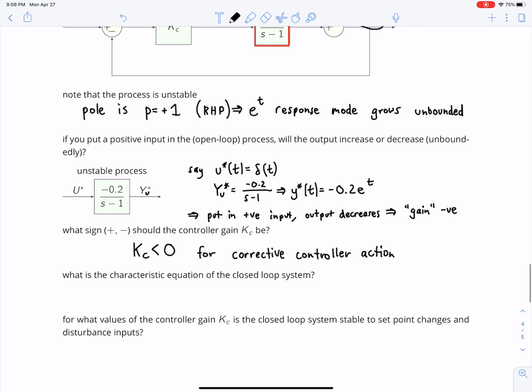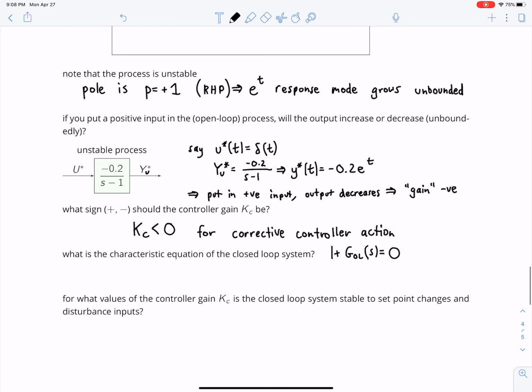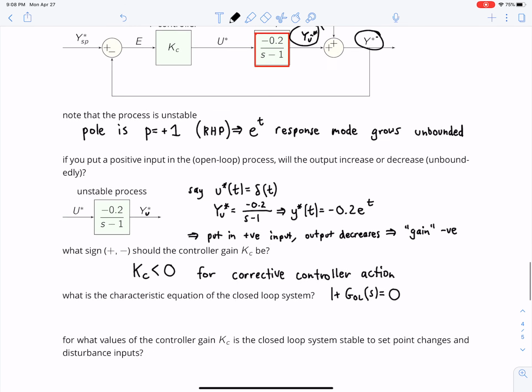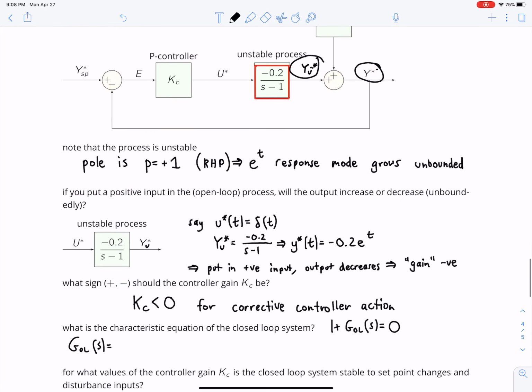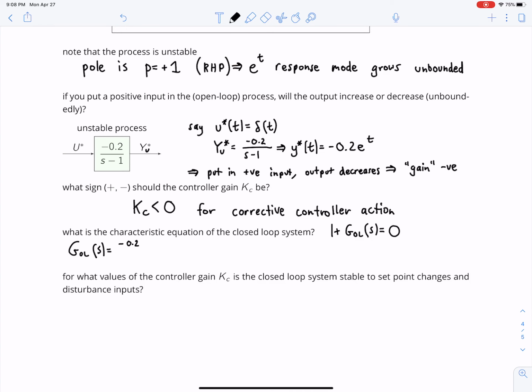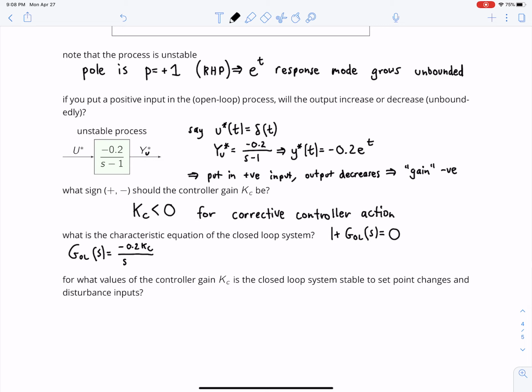So what is the characteristic equation of this closed loop? Well, it's 1 plus G-open loop of s equals 0. And if we use our G-open loop that we derived, G-open loop is minus 0.2 Kc over s minus 1.